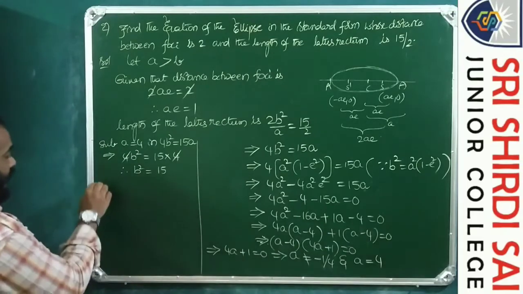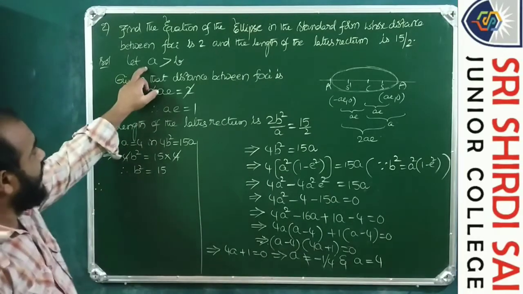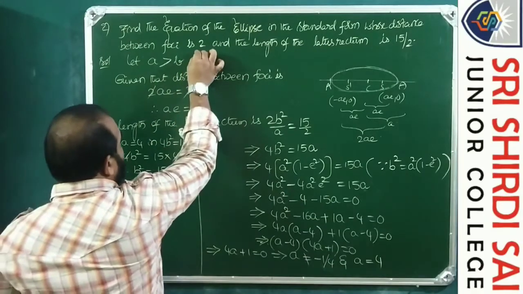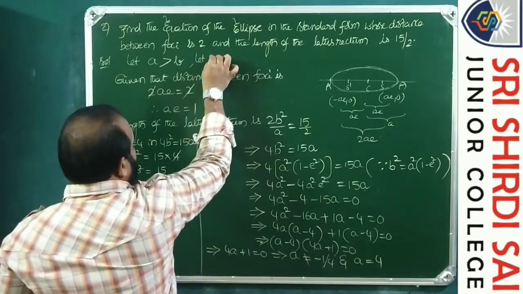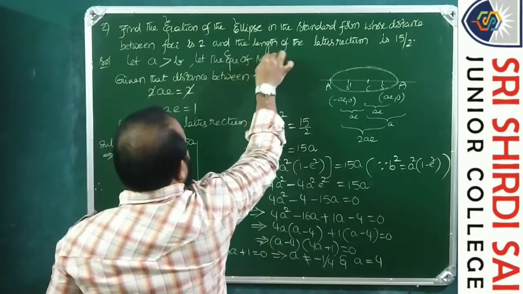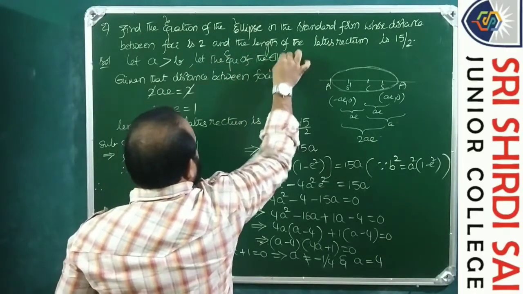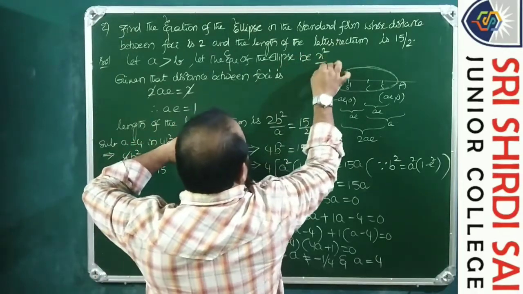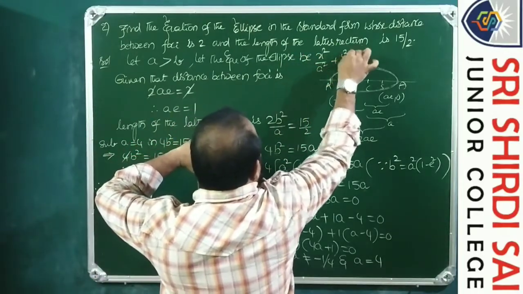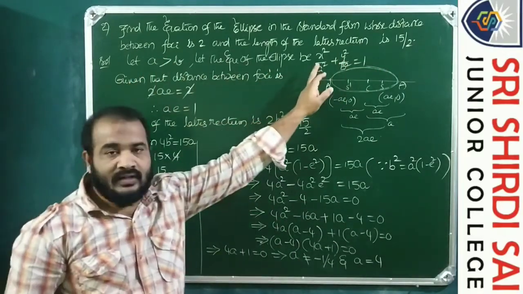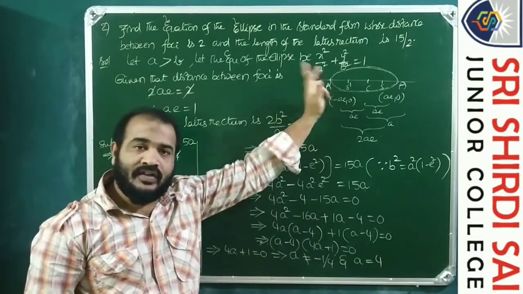So therefore, for a greater than b, what is the equation of the ellipse? Let the equation of the ellipse be x square by a square plus y square by b square equals 1. Since a is greater than b, this is the standard equation of the ellipse.